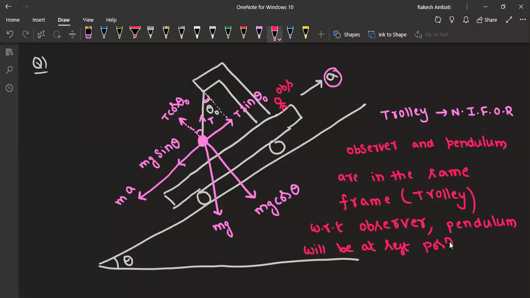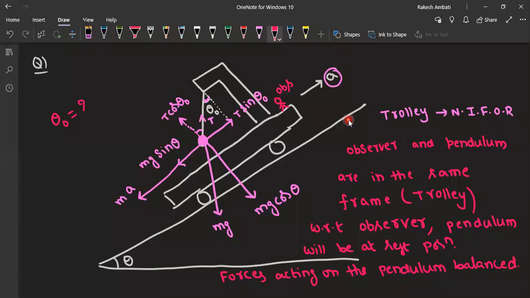If the pendulum is at rest, the forces acting on the pendulum are balanced. Now we have to identify the balanced forces. The question is to find the theta naught value.